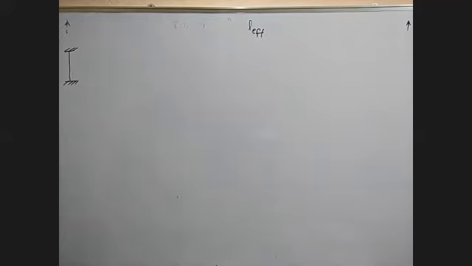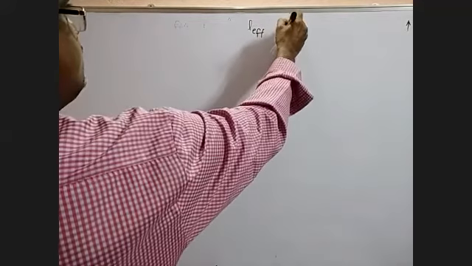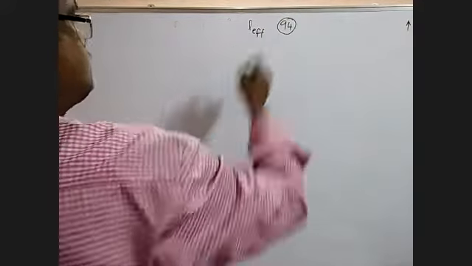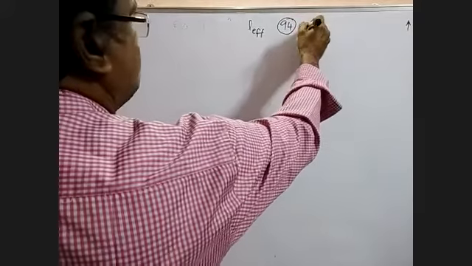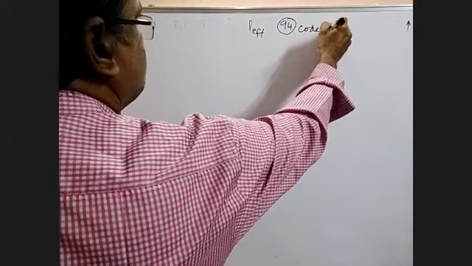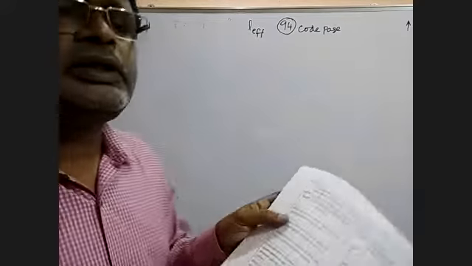For this, refer to the code book, page number 94, IS 456. For the effective length of the column, there is a tabular form given. I'll show you the tabular form. So this is the tabular form.